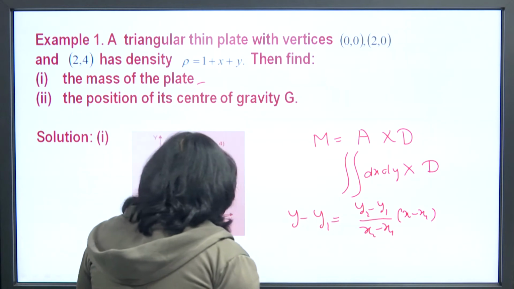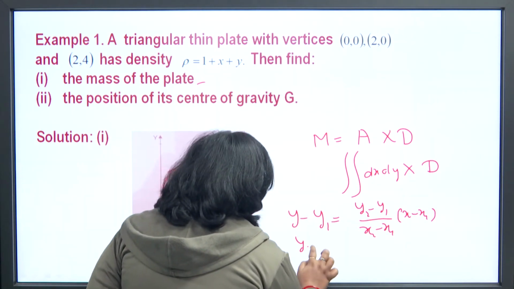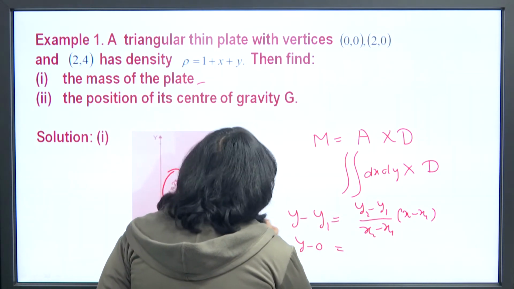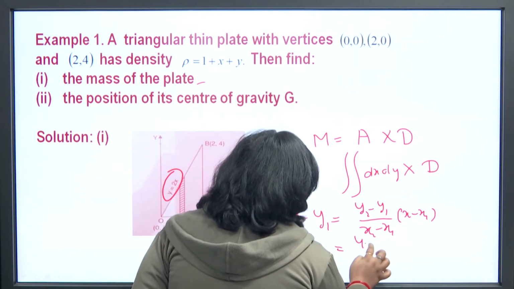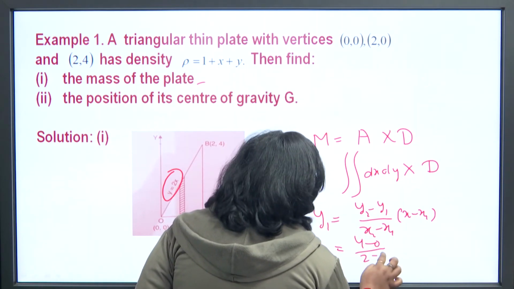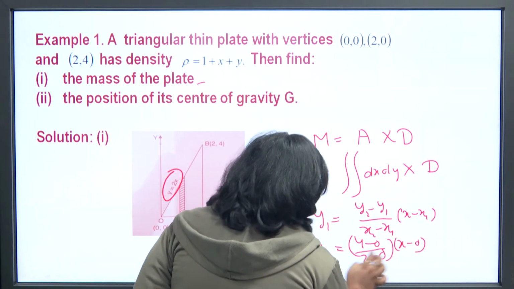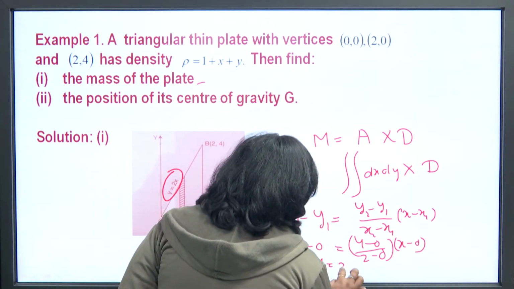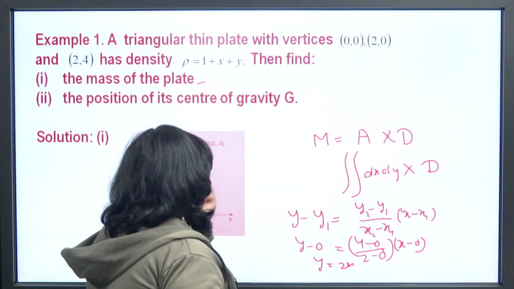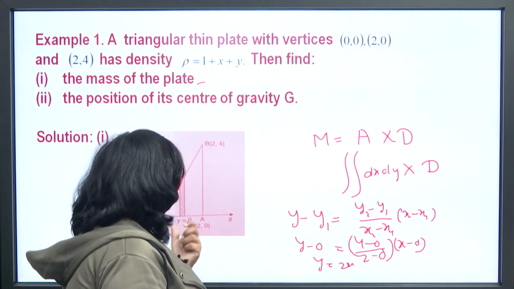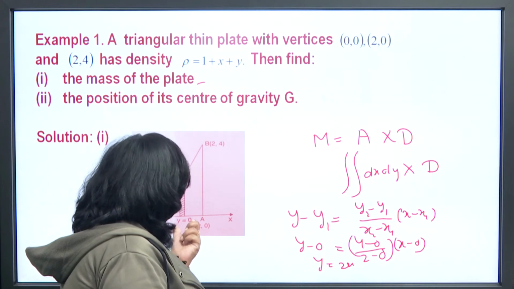Here y1 is 0, so y minus 0 equals (4 minus 0) upon (2 minus 0) times (x minus 0), and solving this we get y equal to 2x. So the equation of OB is y equal to 2x and OA is y equal to 0.